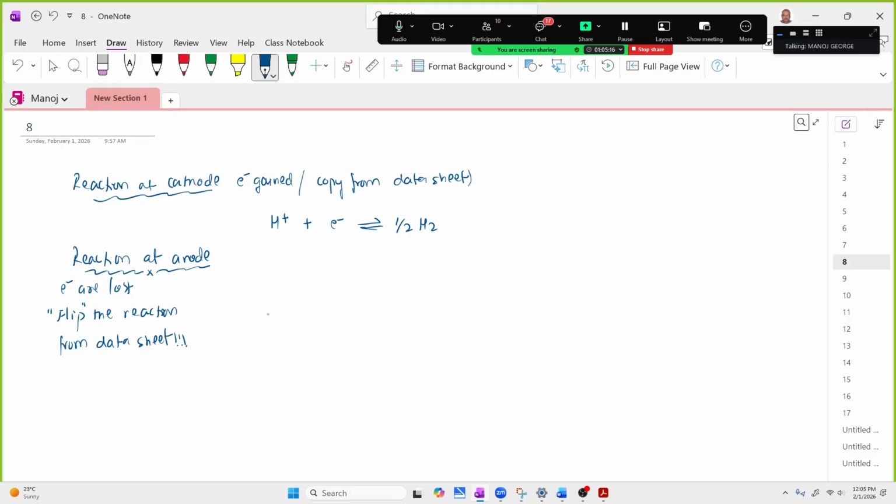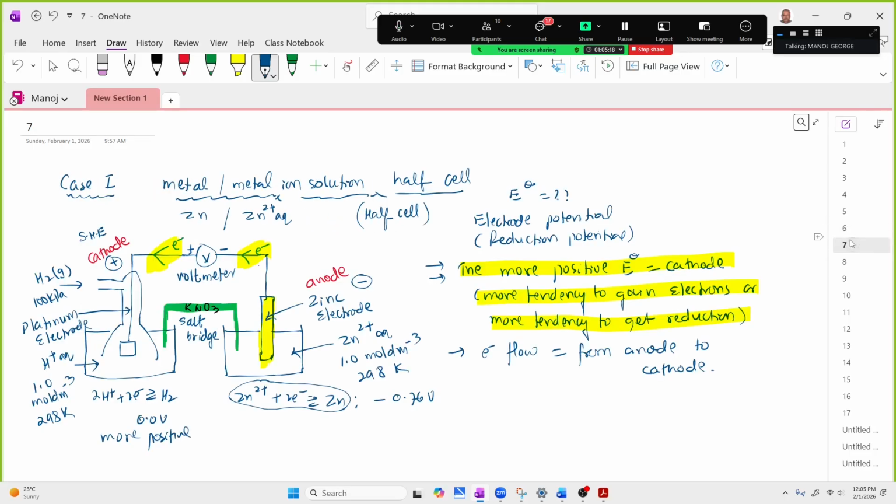What does that mean? Because if you look at this equation in the data sheet, Zn2+ plus 2 electrons gives zinc. This is gaining electron. I need to show loss of electron. So do you understand? I need to flip this equation like this. Could you please mention yes or no if you're with me? I have to flip that equation.